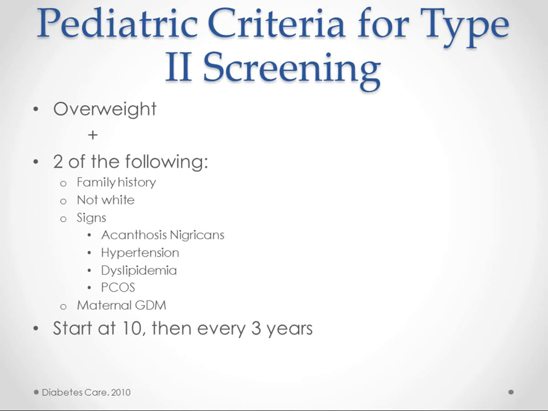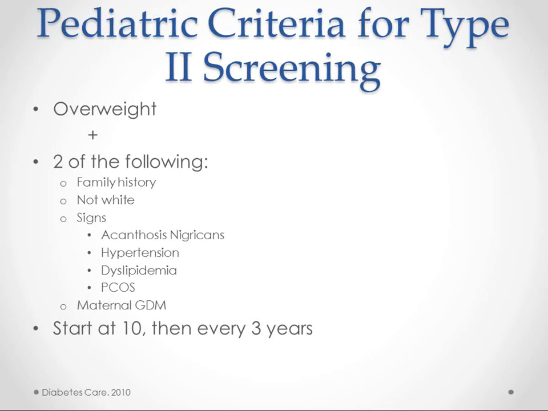So the criteria for testing type 2 diabetes is if you're overweight and you have 2 of the following. So you either have a family history, you are pretty much any other race besides Caucasian, and you have one of these signs like acanthosis nigricans, hypertension, dyslipidemia, PCOS, or you had maternal gestational diabetes.